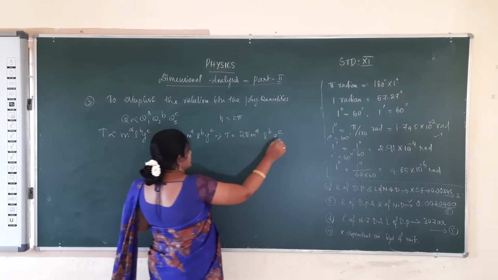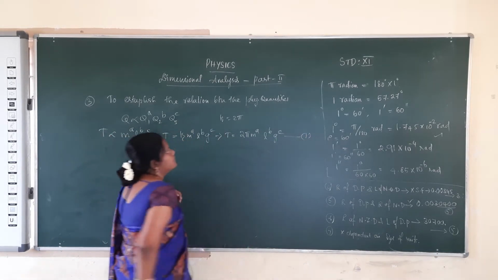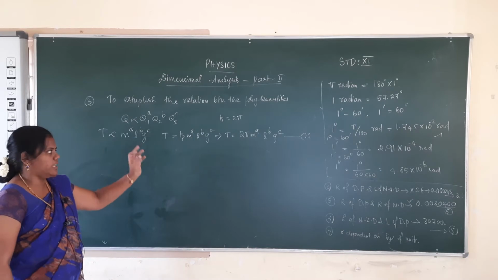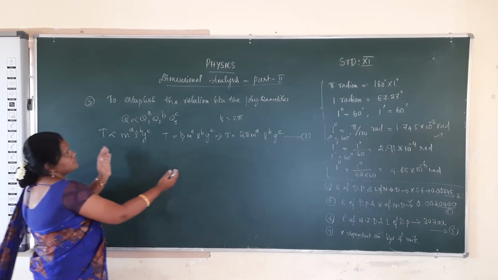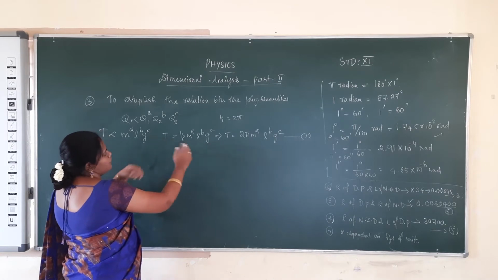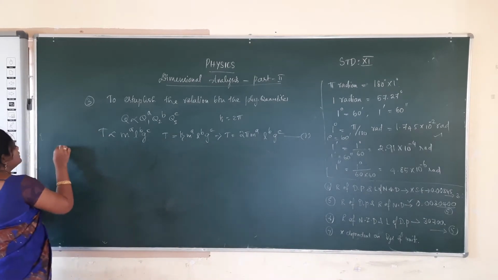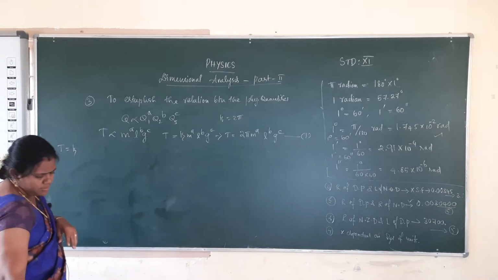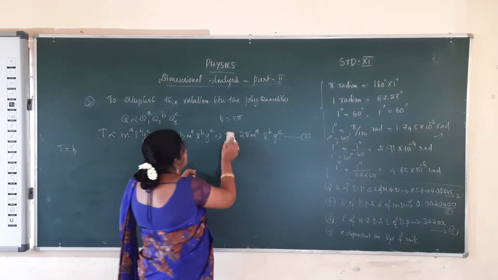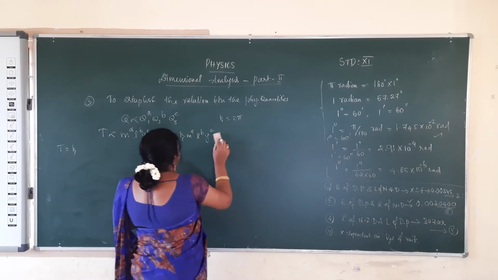We take this as equation 1. Then put the dimension formula for all the quantities. You take this first equation.